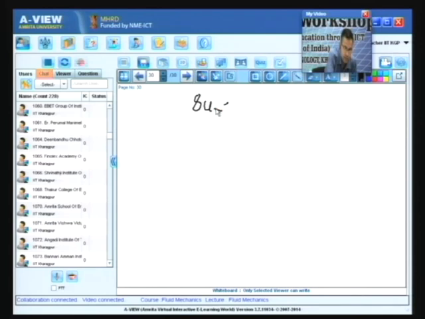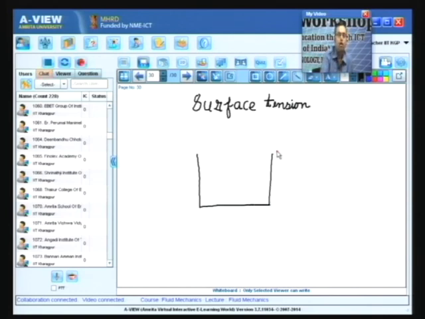Surface tension. Let us say that there is a container, and this container has some liquid and some vapor at the top of this liquid.